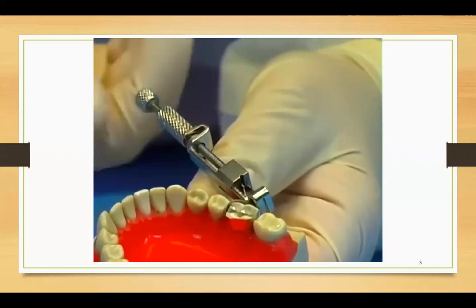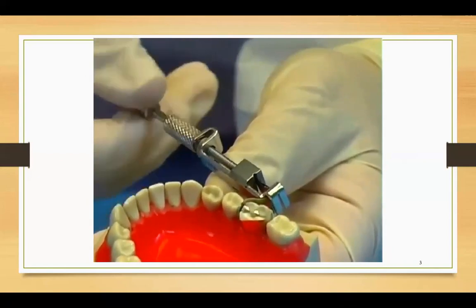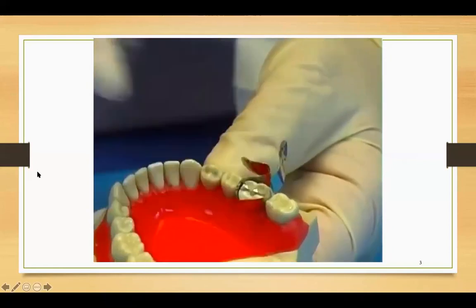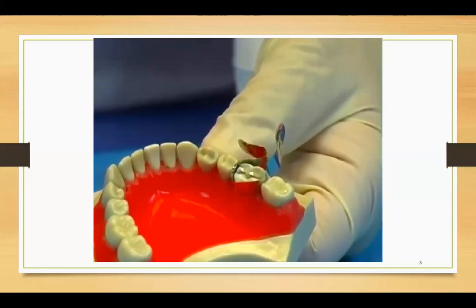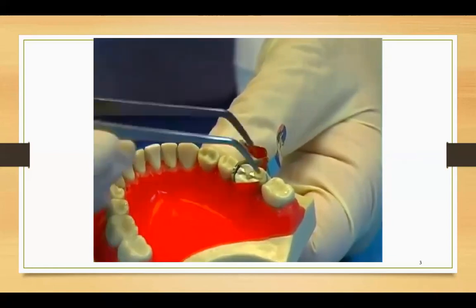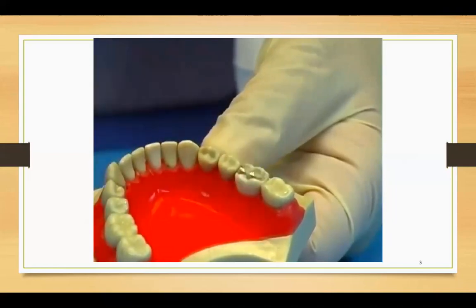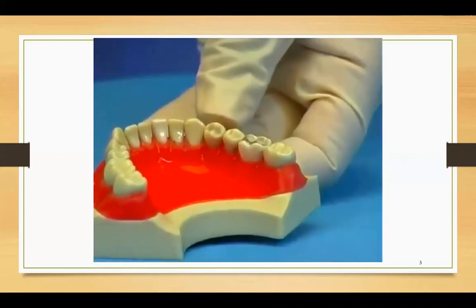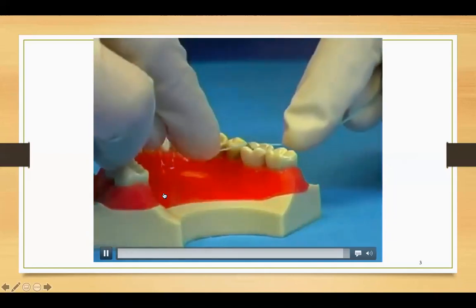Unscrew the outer knob to release the band ends. Remove the retainer, keeping the band in place around the tooth. This helps to prevent the filling material from crumbling interproximally. Gently remove the band with the college pliers, one end at a time. Floss the interproximal area to remove excess filling material.